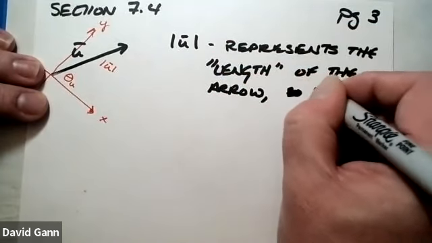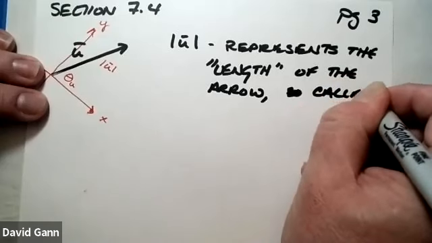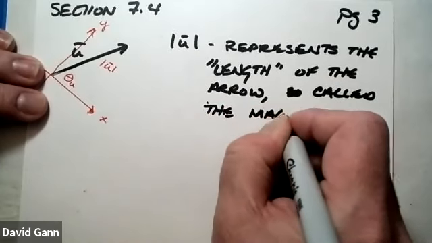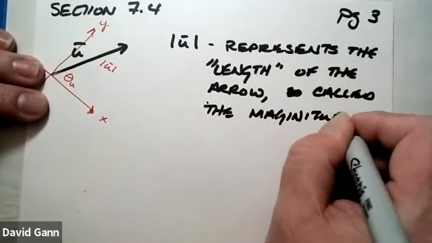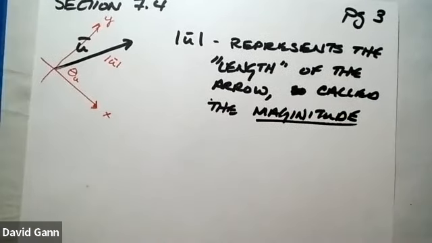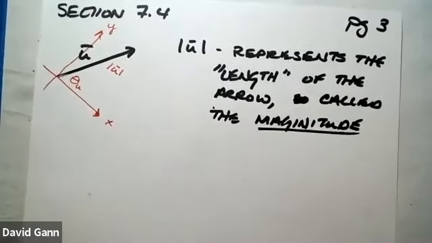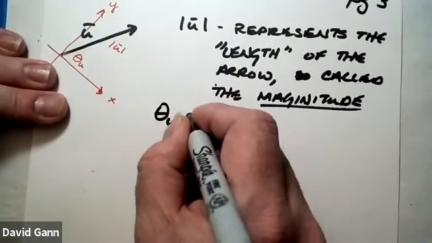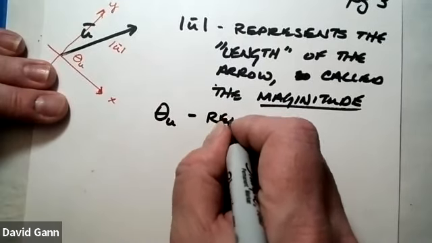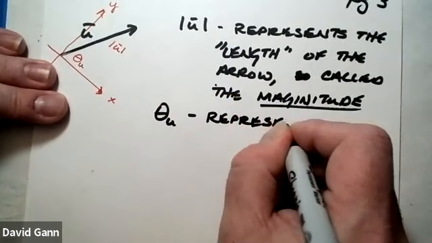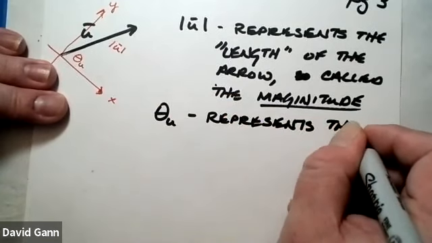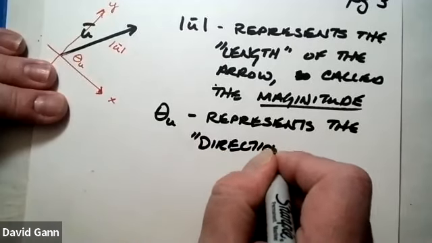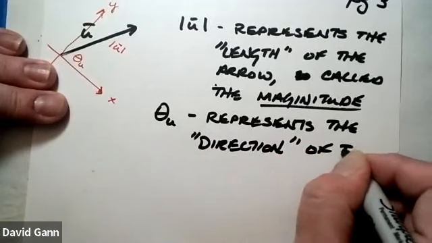It's pretty universally called the magnitude. And theta sub u represents the direction of the arrow.